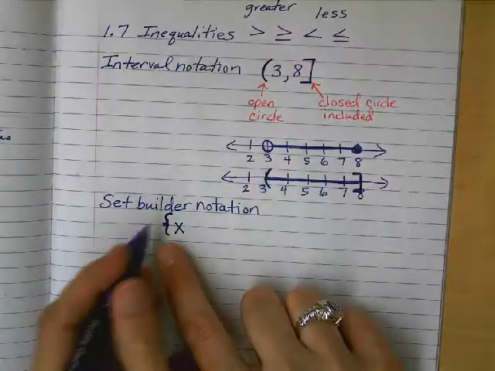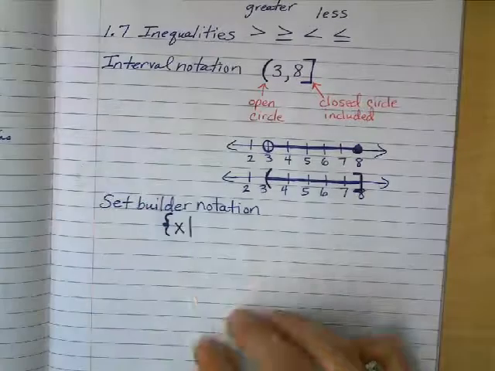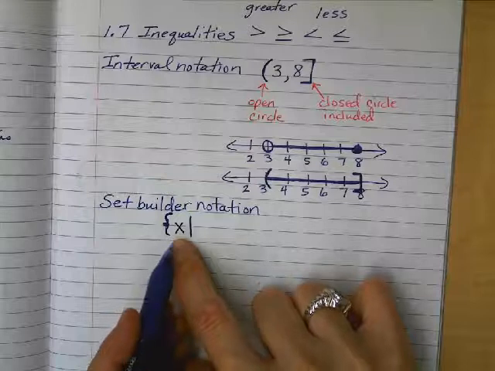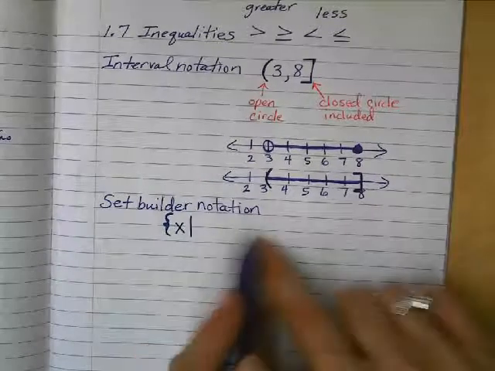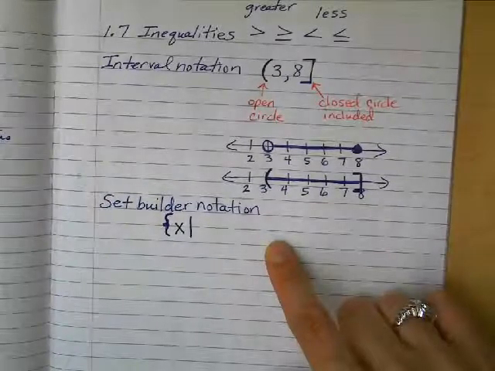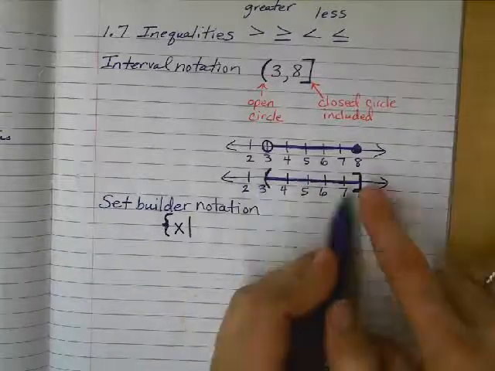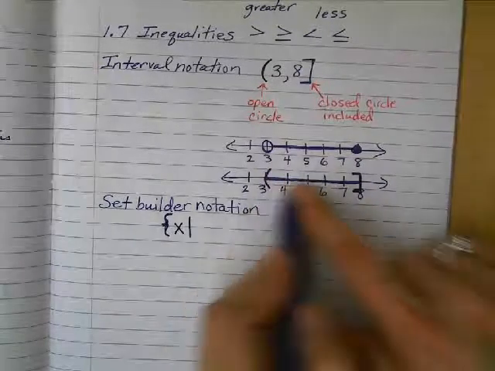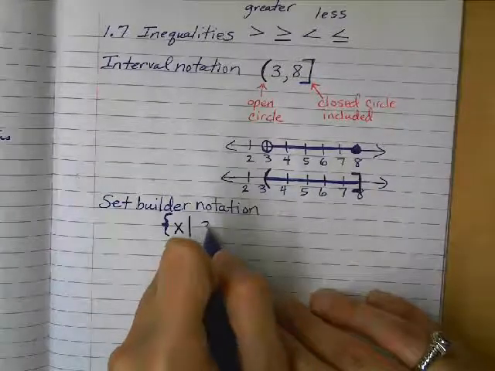It says the set of all numbers x such that, this is how they read it. They say this is the set of numbers represented by x, and then they put a straight line that means such that, and then over here we put our answer. It's just a fancy way they do it. Okay, we just said we're going from 3 to 8. 3 has an open circle, not included, 8's included. So we're going from 3 to 8.